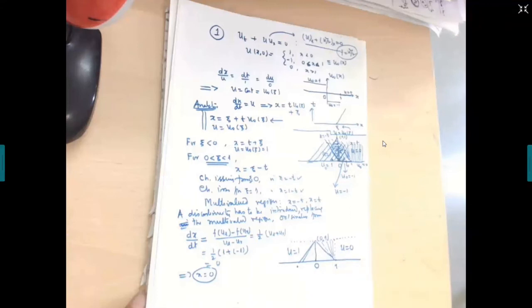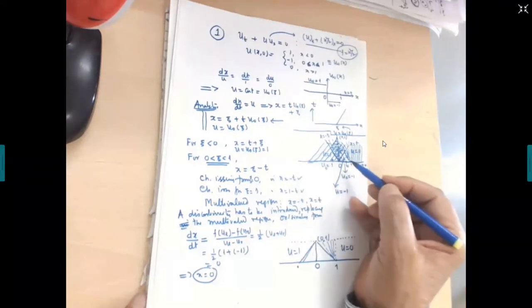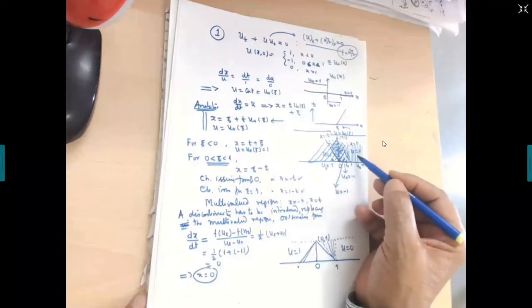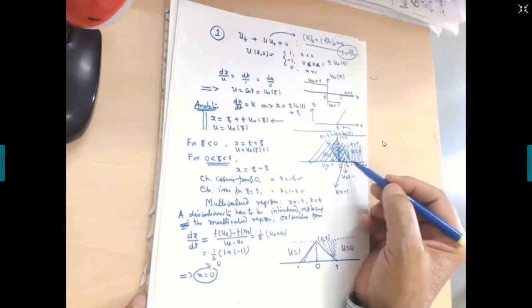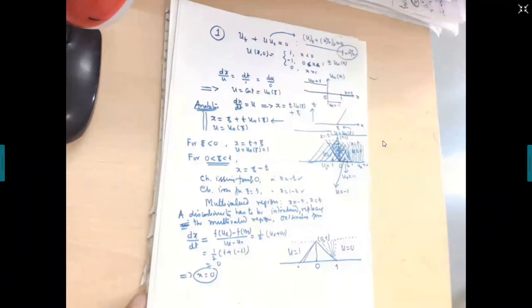It has to be a rarefaction wave because on the left it is 1, on the right it is minus 1, and further right it is 0. Some expansion is going on. Across this, u increases, so it has to be a rarefaction region.